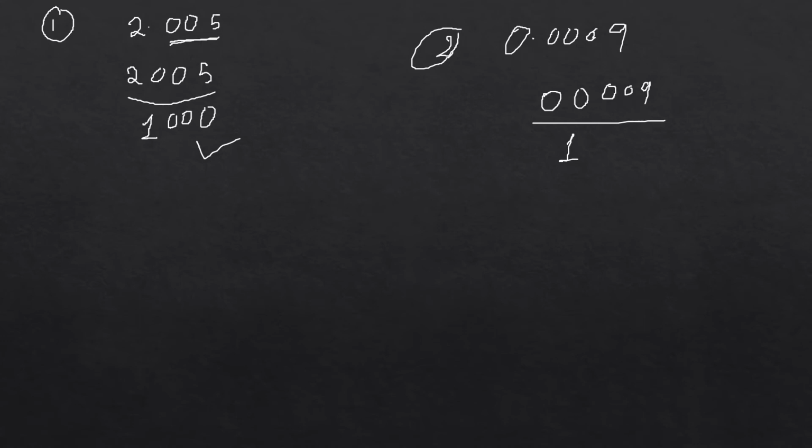And here you can simply see we have 4 decimal places, therefore we will insert 4 more zeros here. Now 0 0 0 0 9, these zeros before 9 do not have any value, therefore we will simply write it as 9 by 10,000. So this is how we convert decimals into fractions.